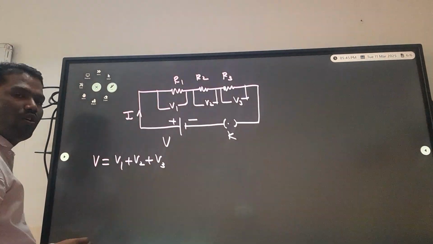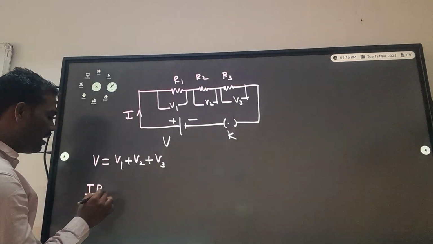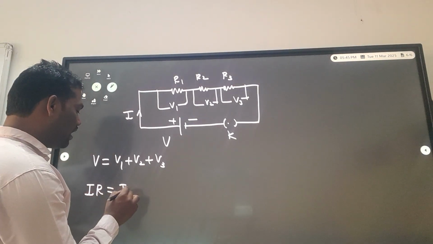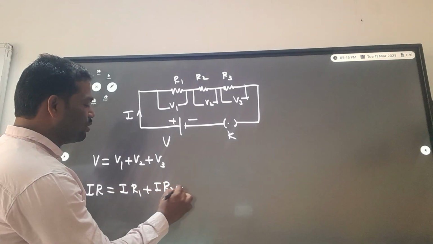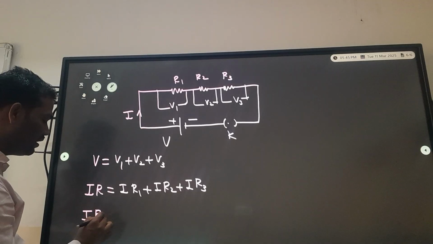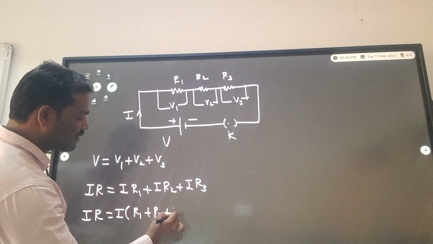So we put in the value from Ohm's law. V is equal to IR, and instead of V1 we can write I times R1, plus I times R2, plus I times R3. We can take I common, and we will get I times (R1 plus R2 plus R3).